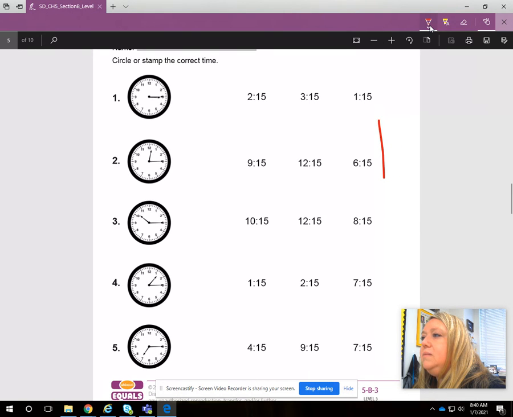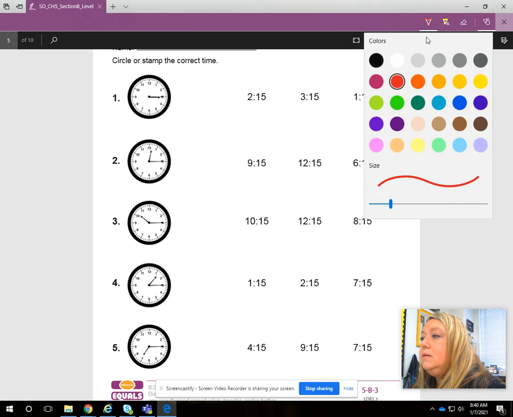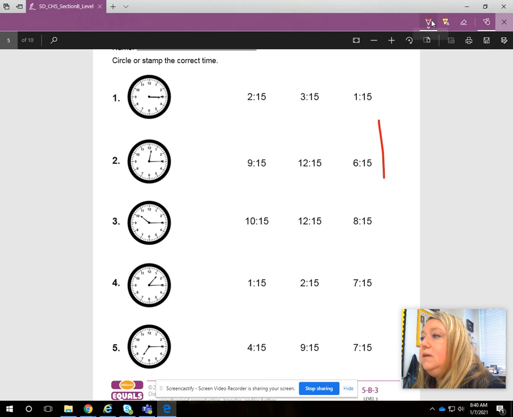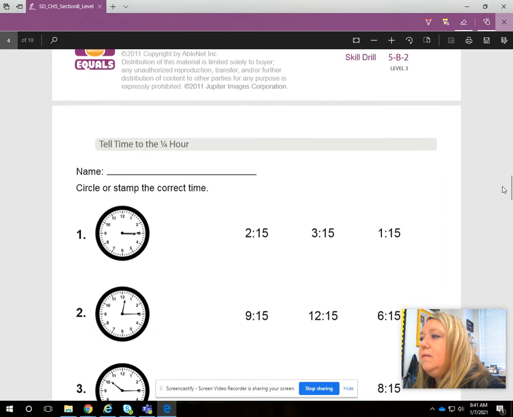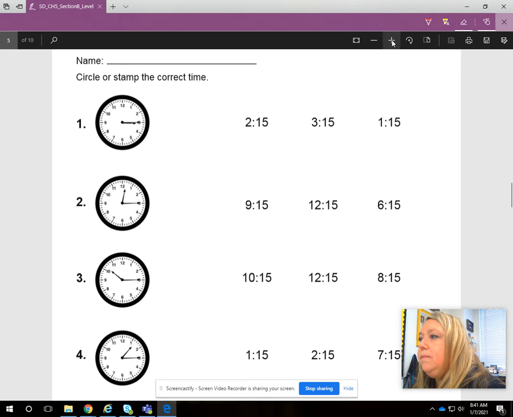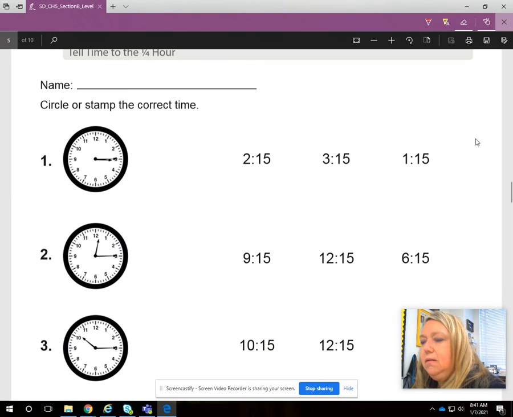I wanted to make it bigger, but now I just didn't do it very good, did I? Let's erase it. There we go. I wanted to make it a little bit bigger, but then I can't. There we go. We can do that. Okay, sorry. Oh, I need to get with the program, don't I?